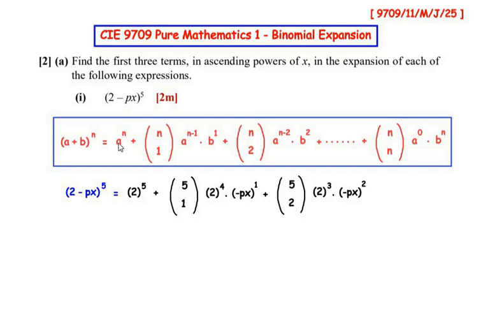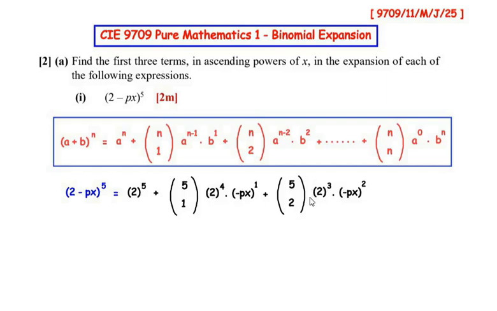So in the first term we have written 2 to the power of 5 plus the second term becomes 1 times 2 to the power of 5 minus 1, or the power reduces by 1, giving us 4, times b to the power of 1 becomes negative p times x raised to the power of 1, plus the next term is 2 times 2 to the power of 3, the power has reduced, times negative p times x. Now the power of this increases by 1, giving us 2. Now since they have asked to expand to the first 3 terms, we have written the first 3 terms, that is 1, 2 and 3.